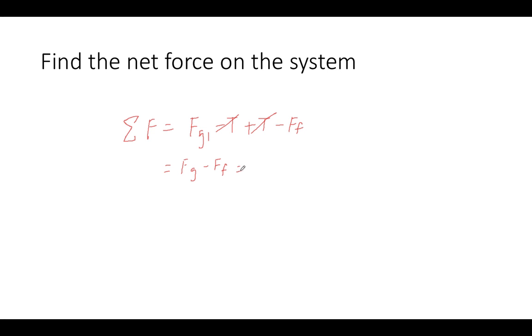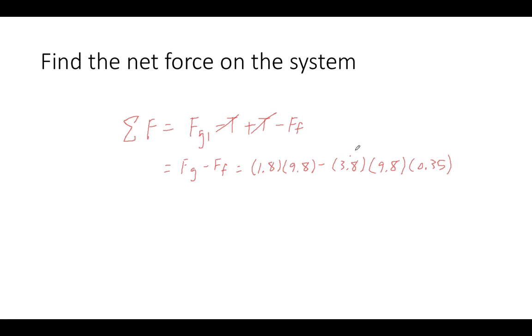And we can plug in our values for that. So it becomes 1.8 times 9.8 minus 3.8 times 9.8 times 0.35, which is the coefficient of friction.